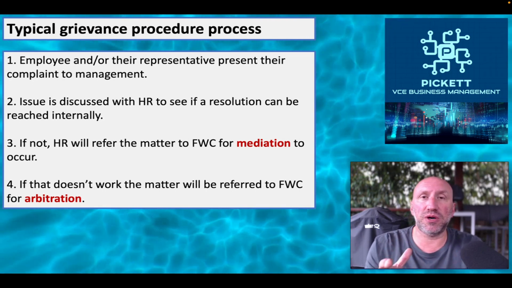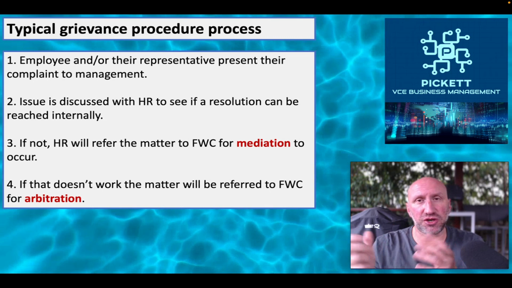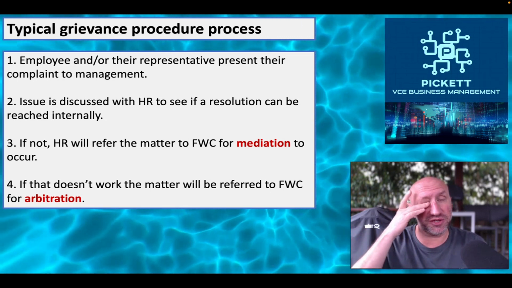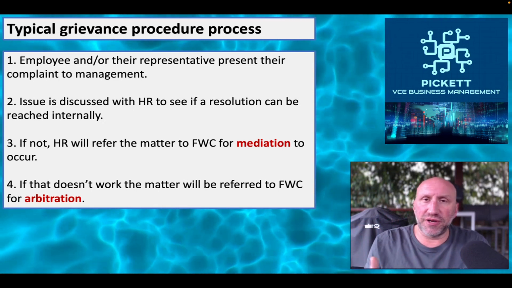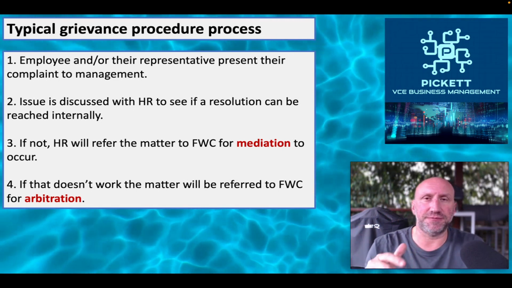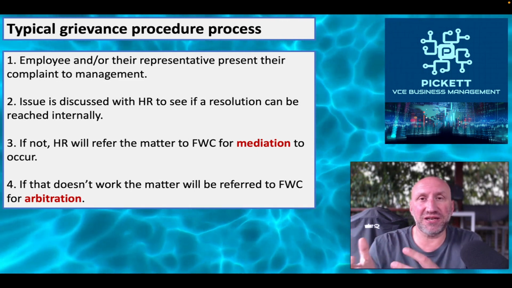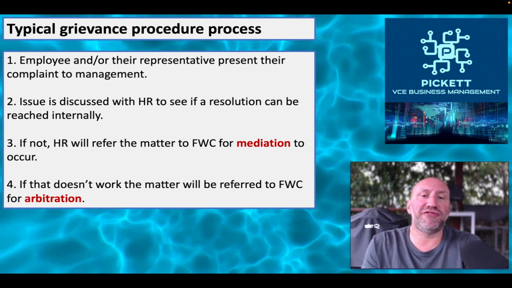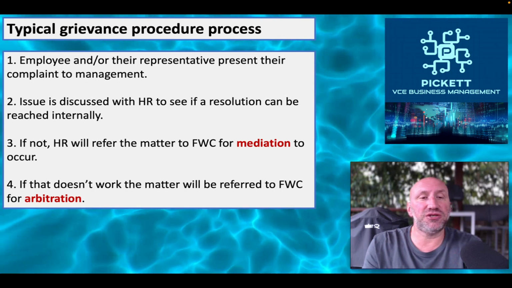Now, in an ideal world, that's where it would end. You have an issue, HR get involved, and without going any further, we resolve it somehow and come to a resolution that everybody's happy with, and we can move on and get on with our lives. But if that does not happen and we can't resolve it internally using HR, then HR will refer the matter to the Fair Work Commission for mediation to occur.